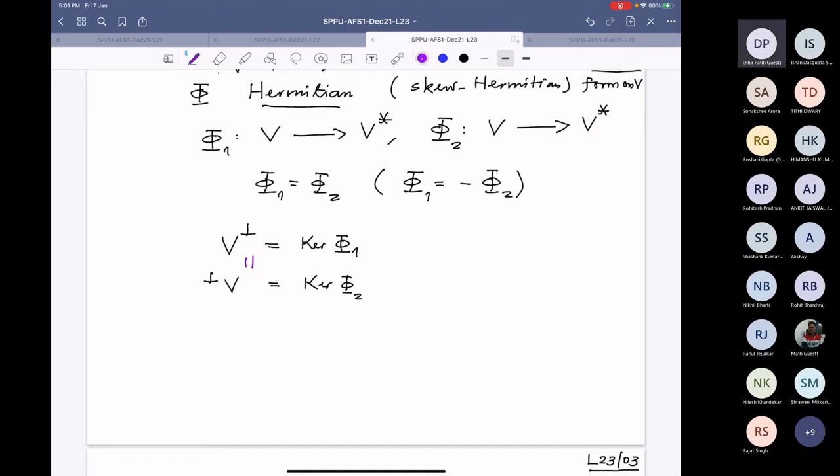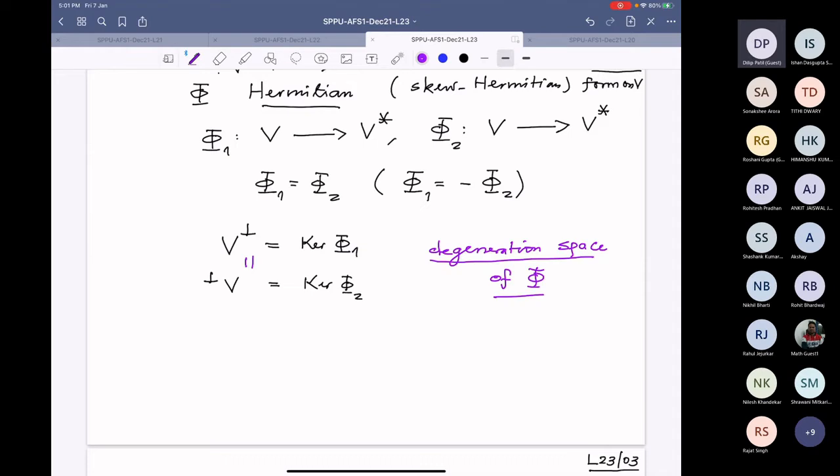And this is called the degeneration space, which will measure how far phi is from duality, non-degeneracy.